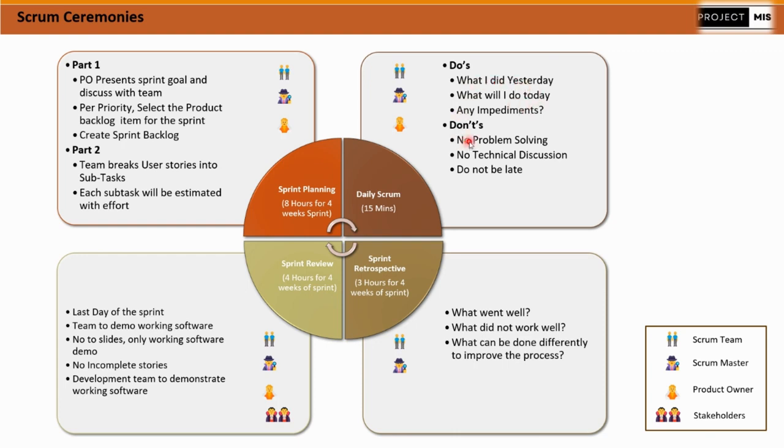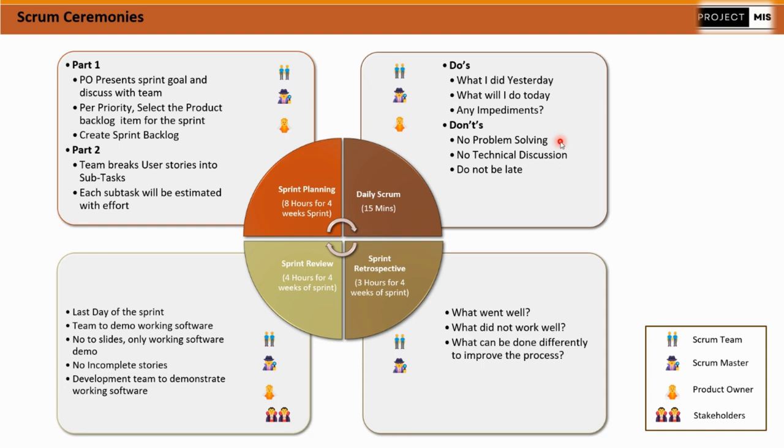The don'ts are important because, as per human nature, we get influenced and are habituated to talk on these lines, which we should not be talking about. Otherwise, we cannot maintain the time box duration of 15 minutes. What we should not do is go for problem solving. A problem can be there. If the problem is not with me, it can be with others.